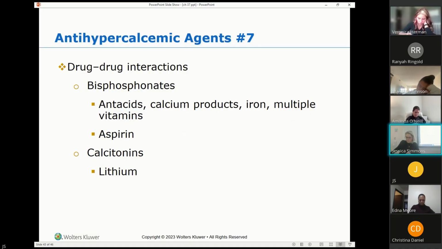Calcitonin, if you use calcitonin and lithium, it may lead to a reduction in plasma lithium concentration. Remember, we talked about lithium. It has a very small therapeutic window.